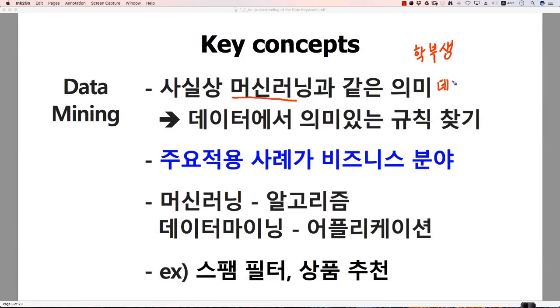So, it is commonly described as finding patterns from large data sets, discovering meaningful patterns, and making decisions based on them. In fact, the main difference with machine learning, although opinions may vary, is that data mining ultimately supports decision making by connecting to the business field. I believe that enabling decision making is the purpose of data mining.